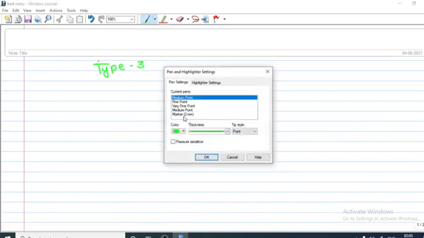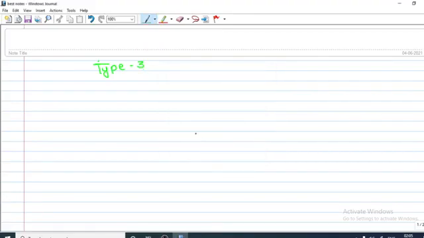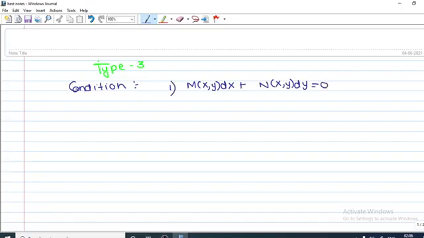So in type 3, we know all about integrating factor and the rest of the things. Now the conditions when this type will be identified. First, the equation should be of a format. First thing you need to identify. Second, not exact.